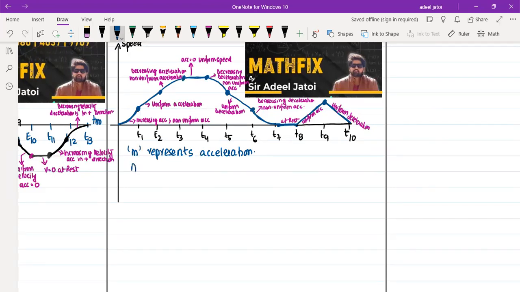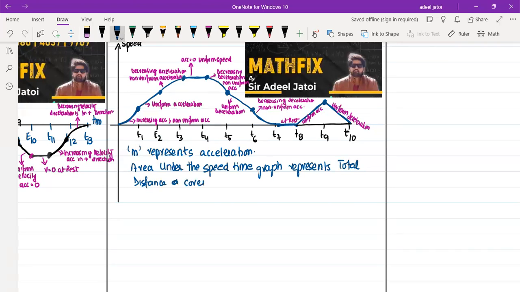Number two, area under the speed-time graph represents total distance covered. So there are two things that you need to understand.